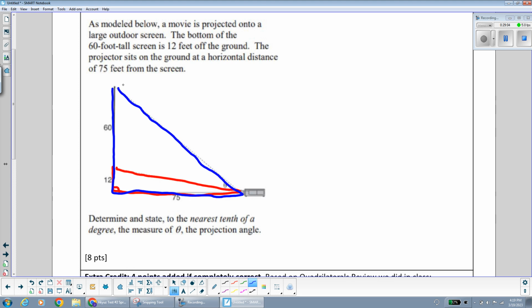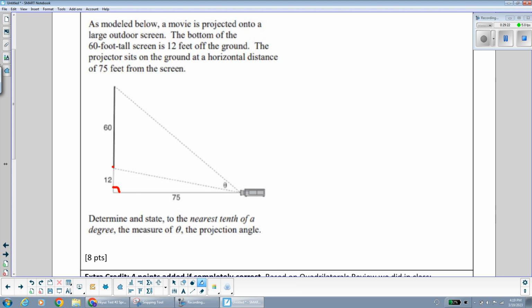Now, unfortunately, the triangle here that has the angle that we want is not a right triangle. This is not a right angle. There is no reason to believe that that is a right angle. So since we don't know that this is a right triangle, we can't just use trig on it and get the answer directly. So we're going to have to use our right triangles to figure out what this angle is.